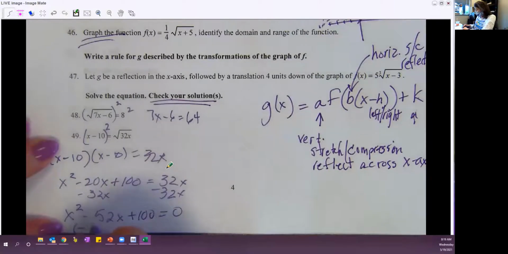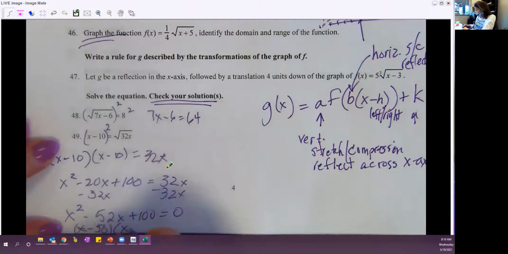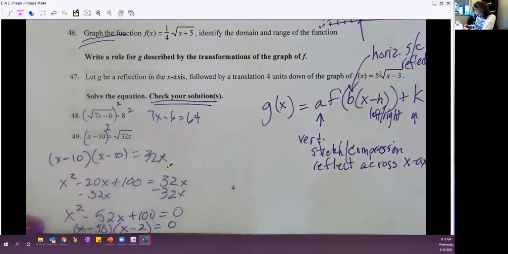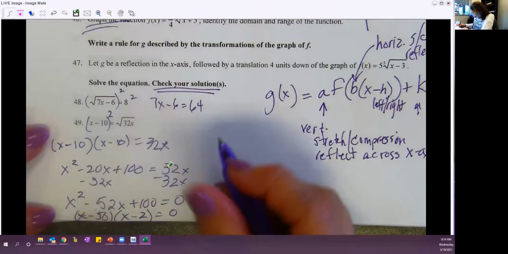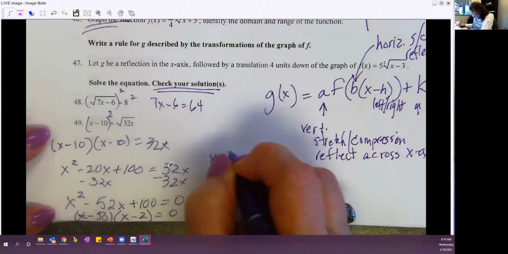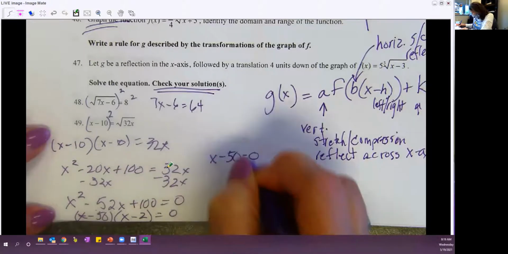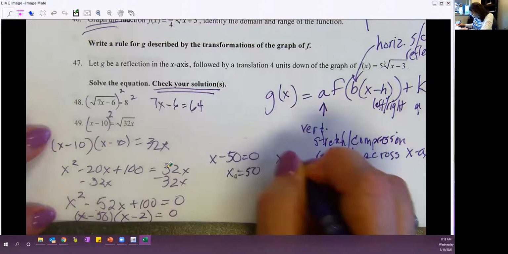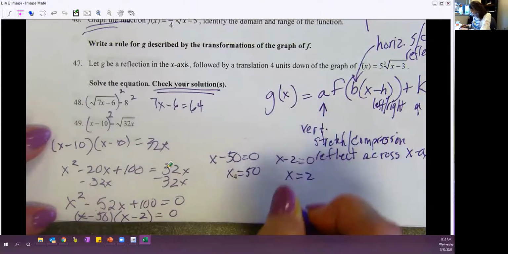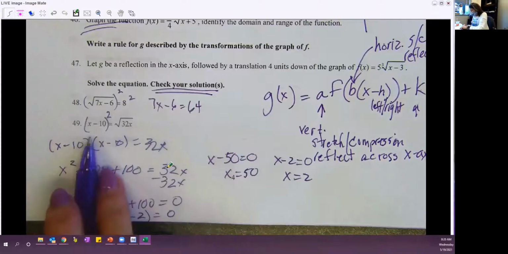So negative 50 times negative 2 is positive 100. Negative 50 plus negative 2 is negative 52. So then to get the solutions, you set each one equal to 0. So x minus 50 equals 0, so x is 50, and x minus 2 equals 0. So x equals 2. And then we have to check them to see if they work.